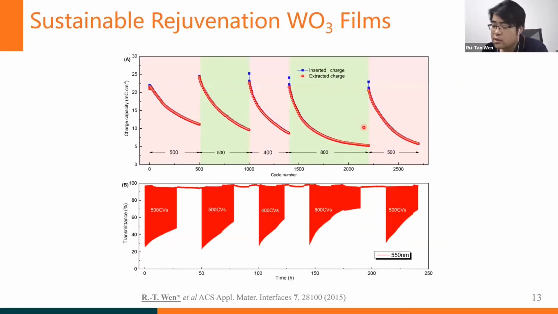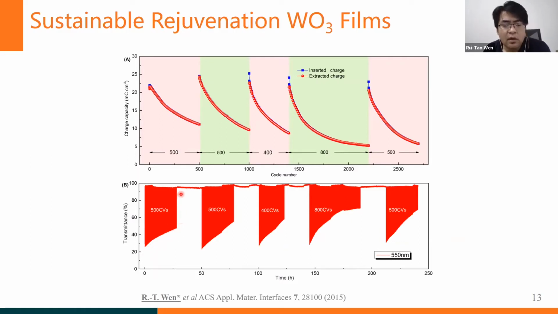Another question is whether we can refresh the film multiple times, so that every time the device degrades, we can refresh it to get the initial performance. The answer is yes, as you can see here. For example, we cycle the film about 500 times and it degrades, as seen from the charge capacity curve, and we also observe the optical modulation degrading.